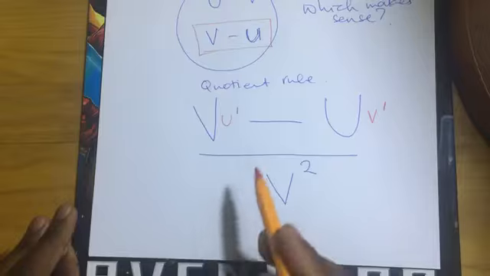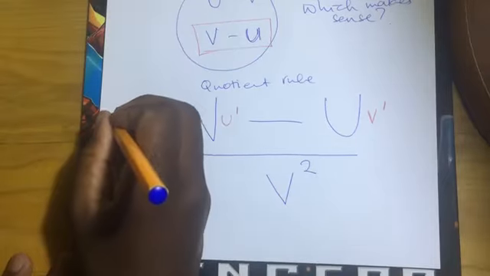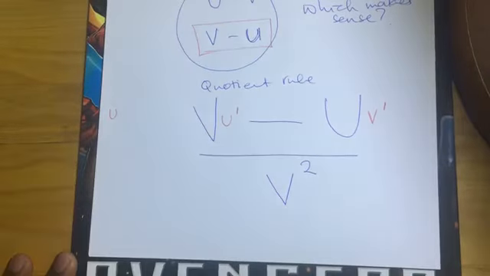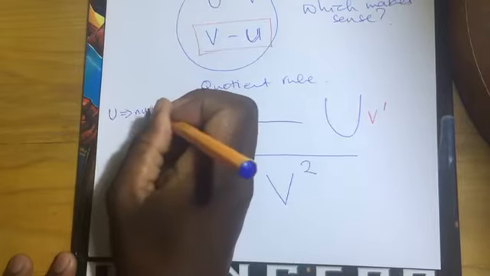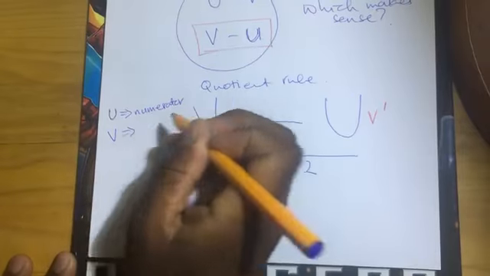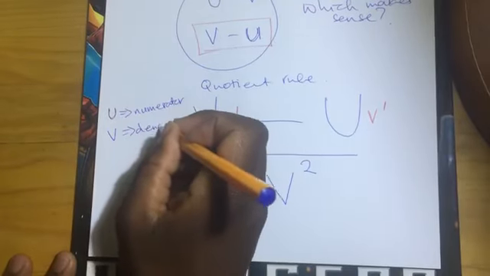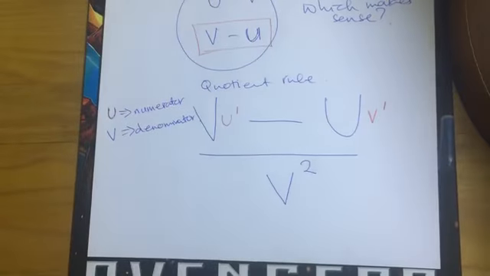Now, we need to define what item represents U and what item represents V. U is the numerator, and V is going to be the denominator.